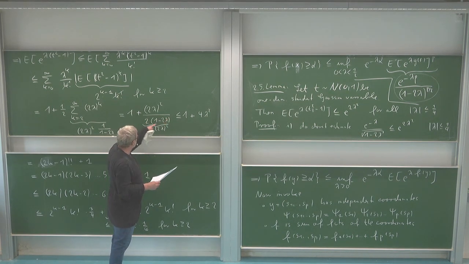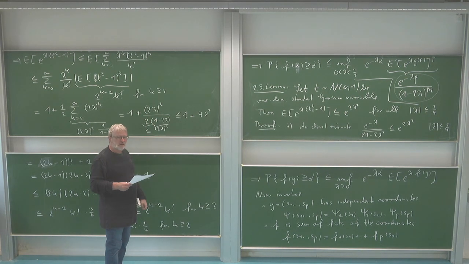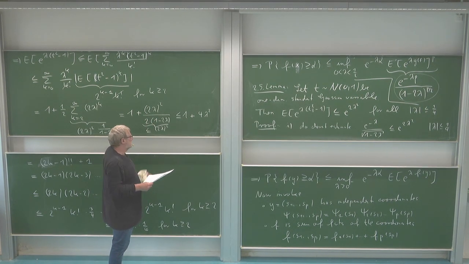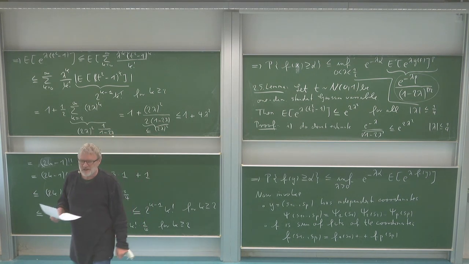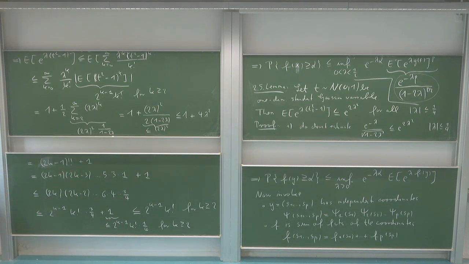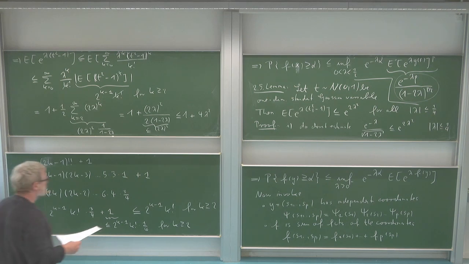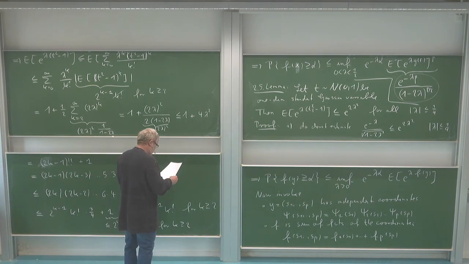This guy here in the bottom, for lambda less than 1 over 4, is bigger than 1. Huh? Okay, so maybe it's a 4. Maybe, let's see, it shouldn't make a big difference.